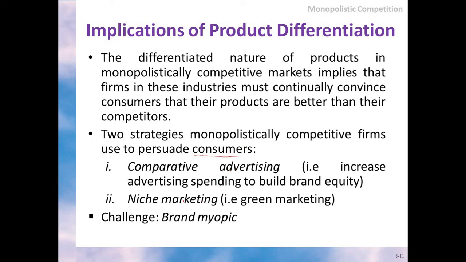Another thing, one of the strategies as well, is what we call niche marketing. If you learn marketing, you know that niche marketing is when you focus on a very specific segment or target market. For example, green marketing, which is very niche.